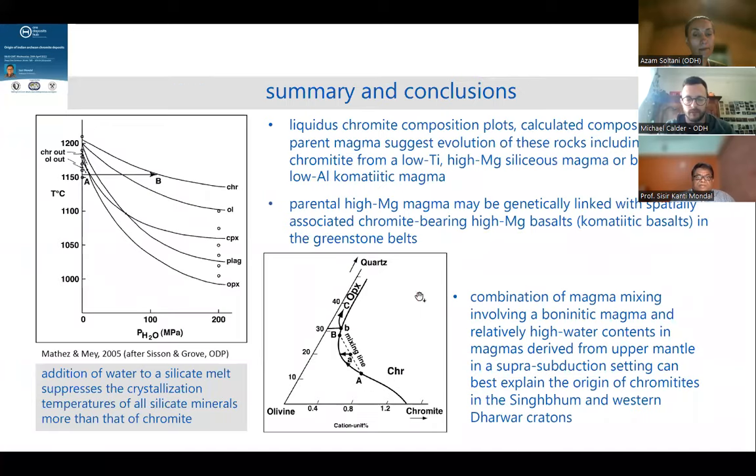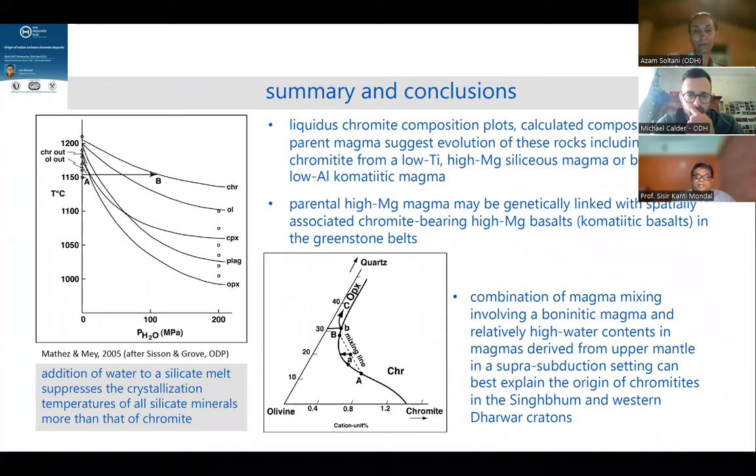So in summary, because we have relied on liquidus chromite composition plots, and we have calculated the parental magma compositions from the primary chromites, everything suggests evolution of these rocks, including chromitites, from a low titanium, high magnesium siliceous magma or boninitic magma, or a low alumina chromititic magma.